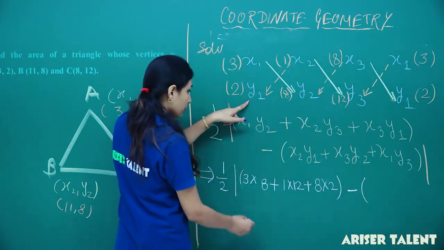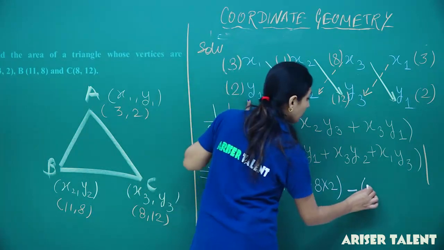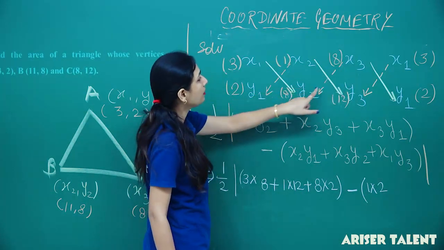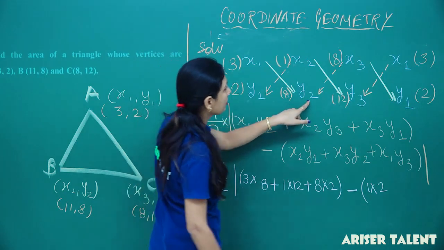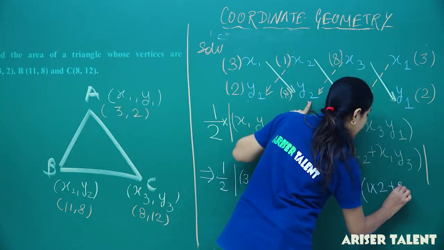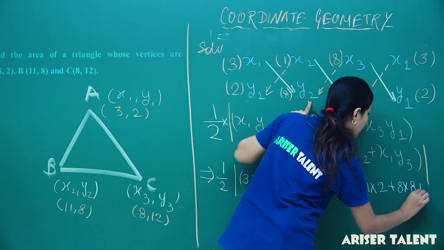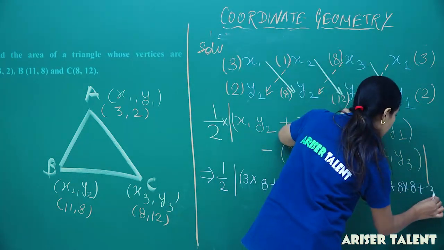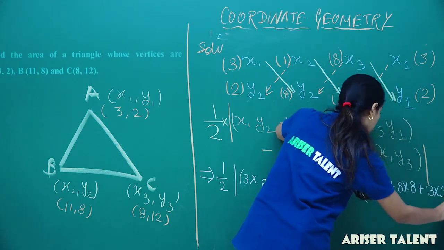Okay. So that will be minus of 1 multiplied by 2, plus 8 multiplied by 8, plus 3 multiplied by 3, mod here.